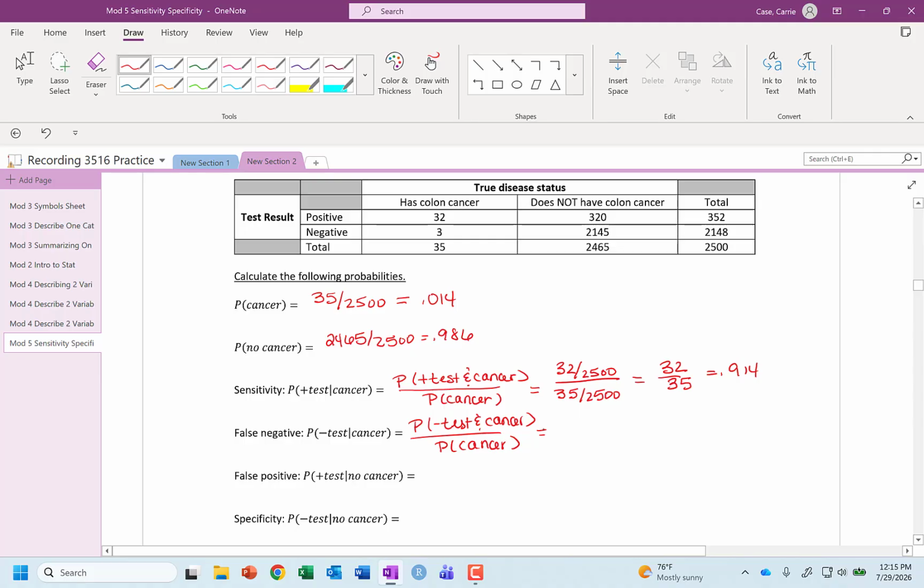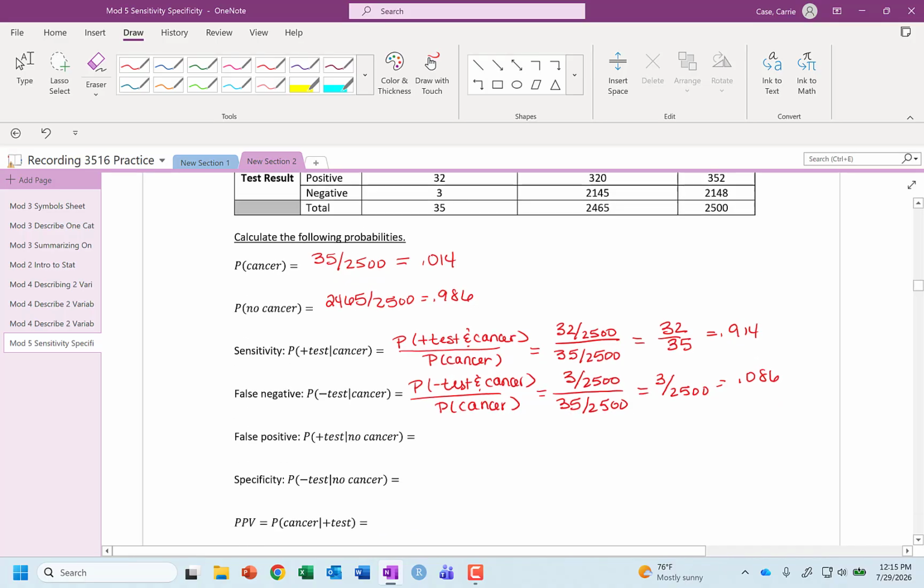Well, the negative test results who had cancer, there were 3 of those out of 2,500, over the number of people who had cancer was 35 out of 2,500. And that is 0.086. So about 9% of people got a negative test result even though they had cancer.